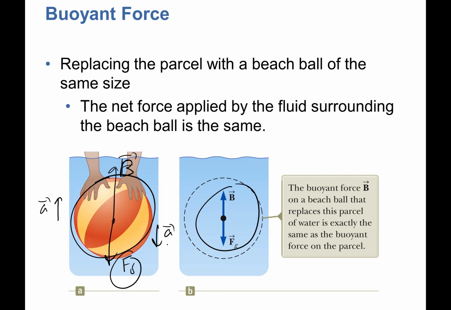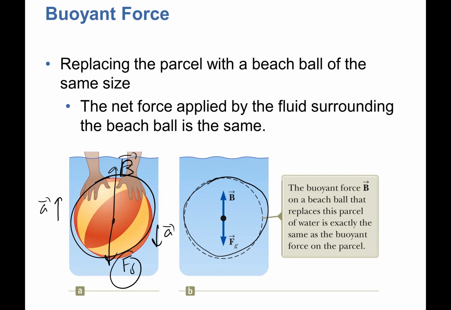There's a little bit of tug of war going on. But even if you consider a beach ball or some imaginary parcel of water, you can always assume there is this upward buoyant force. If you want a more visual view, take something, put it inside your bathtub, let go, and you will see it pushed upward.